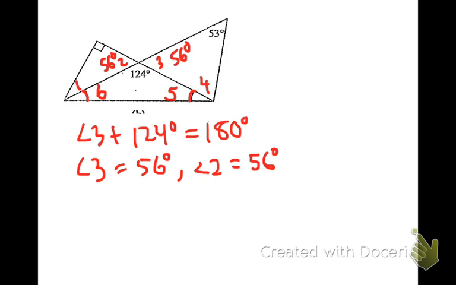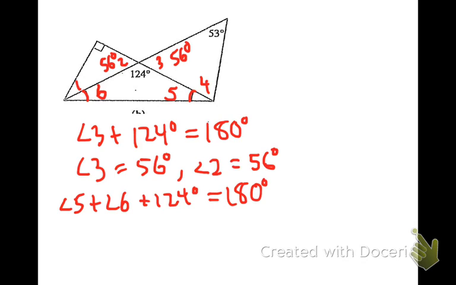Right. So if we wrote that out, we could say angle 5 plus angle 6 plus 124 equals 180. So angle 5 plus angle 6 is equal to 56.